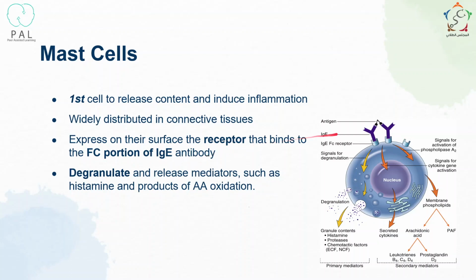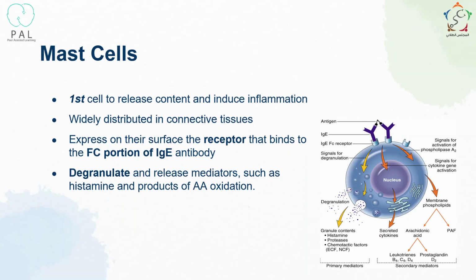An Fc portion is this portion of an immunoglobulin or antibody. So this is the receptor on the surface of the mast cell where antibodies can bind, and this binding is what stimulates degranulation. So if we take IgE, for example, IgE sensitized mast cells, so they've seen IgE before, release histamine, which causes vascular changes and allergic reaction.